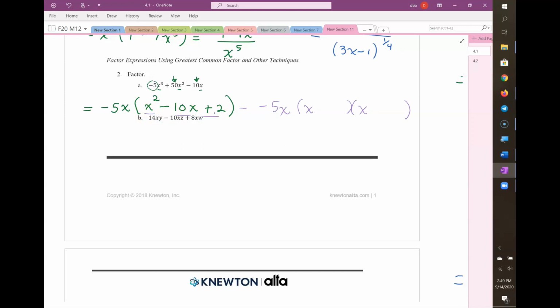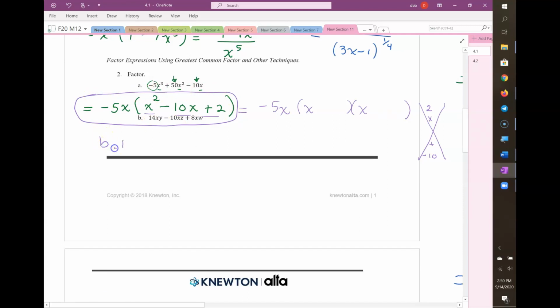Well, the only numbers you get are a 2 and a 1 for the lasts. So I'm not seeing that you can do any factoring that works, because there isn't a pair of factors of 2 that add up to negative 10. So we're done once we've factored out the GCF.